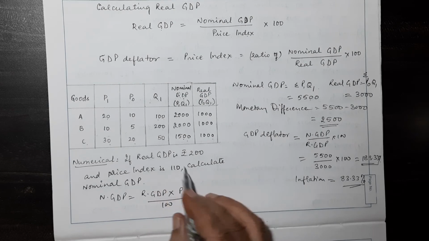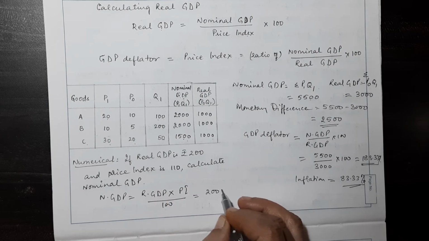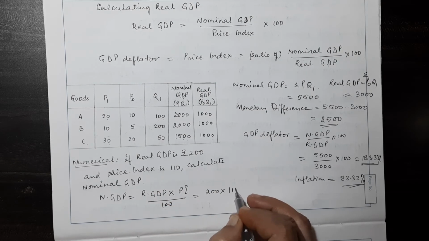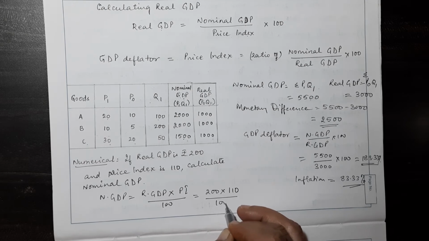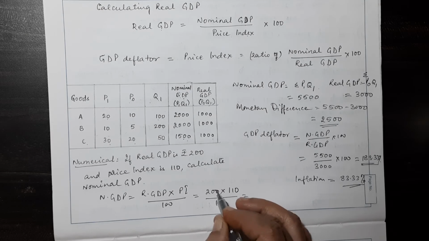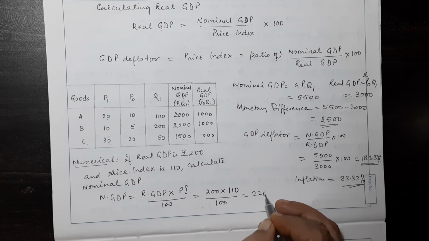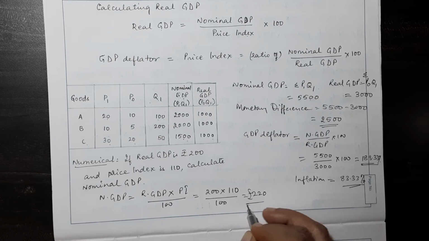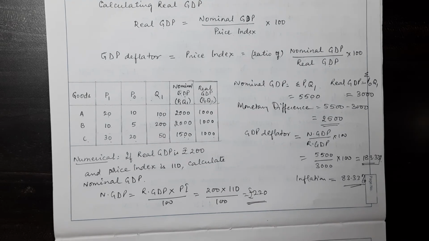So now we have the real GDP given to us as 200, into price index 110, divided by 100. So this, you cancel that and you get 220. So the nominal GDP is rupees 220.